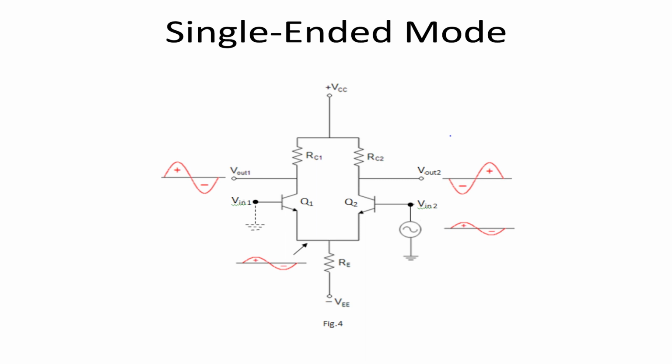So, whenever the input is in such a form that V1 and V2 are equal in magnitude but out of phase with each other, such a mode of input is called the differential mode input. Let us discuss the second type of input.